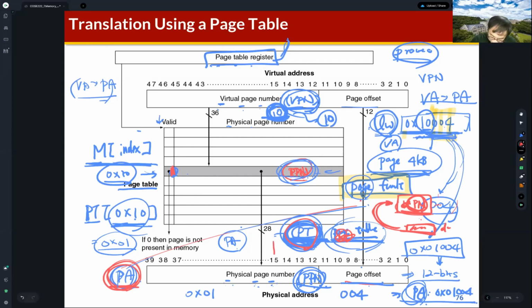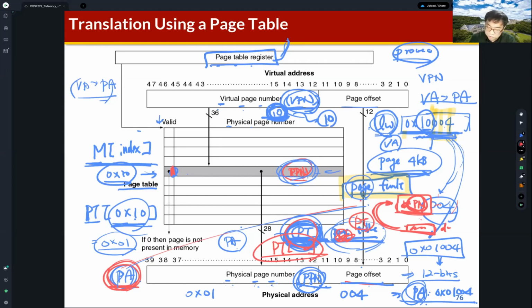It looks like an array of PT entries, and in order to access the page table, we need to access the main memory, right?